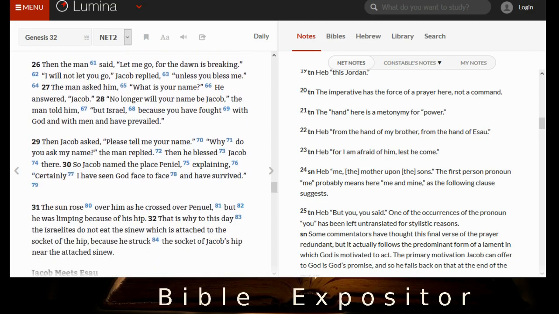But instead of giving a blessing, the man asks Jacob his name and then changes it to Israel. This is where the name comes from, Israel, which means God fights. So Jacob then asks the man who he is, but the man finally blesses him, and only then does Jacob realize that this was God appearing in human form.